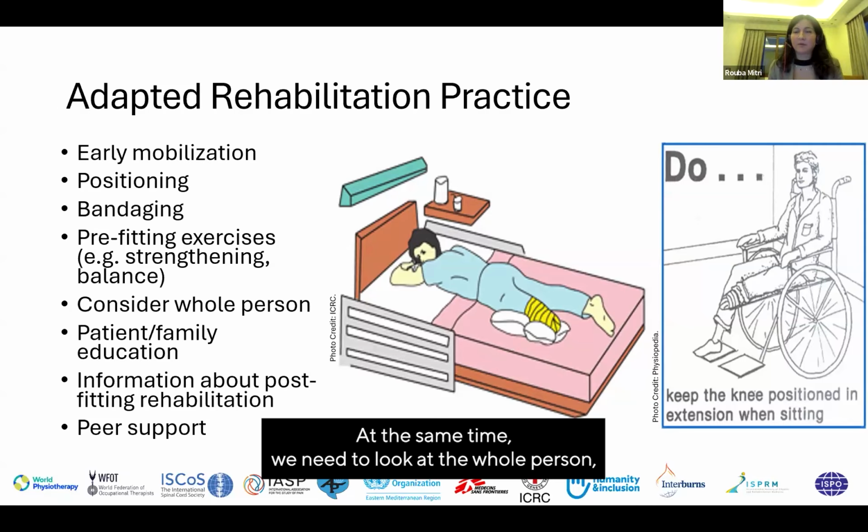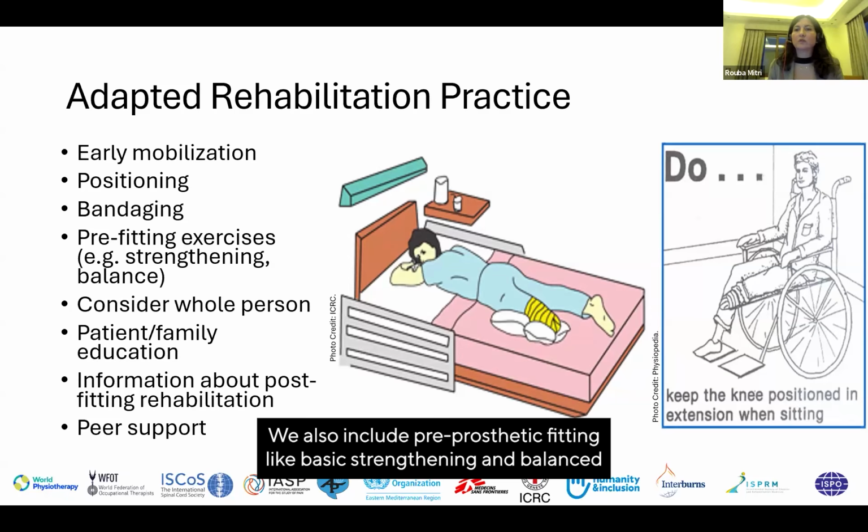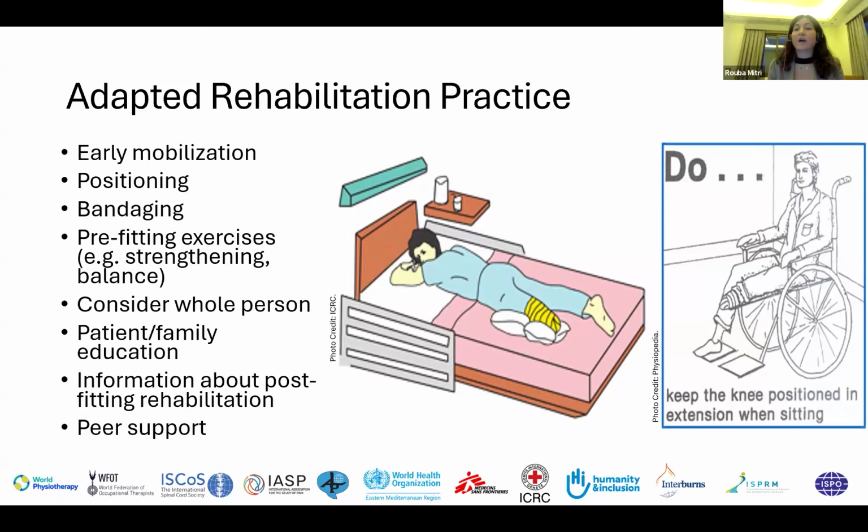At the same time, we need to look at the whole person, not just at the stump. We also include pre-prosthetic fitting like basic strengthening and balance exercises. We will elaborate a bit more on pre-prosthetic fitting in the upcoming slides.